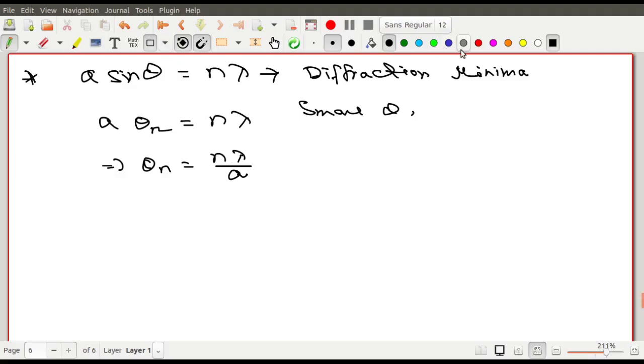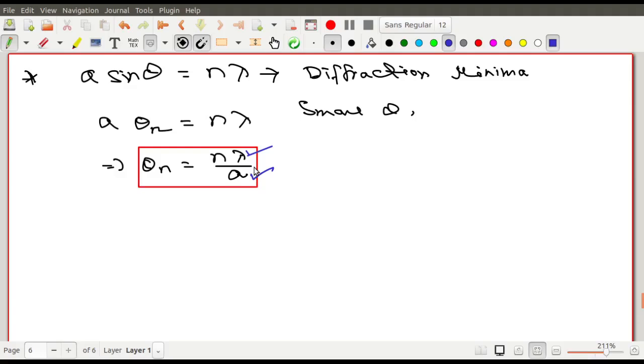Now actually we used to say a term in diffraction: that diffraction is noticed only when the wavelength is comparable with the dimension of the slit. The slit dimension and the wavelength must be comparable, meaning lambda and a must be of more or less the same value.